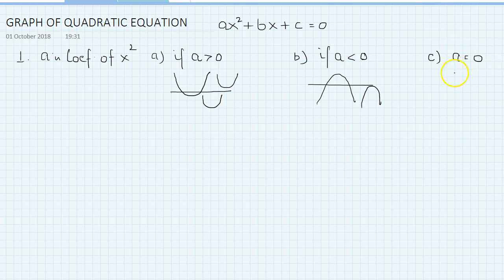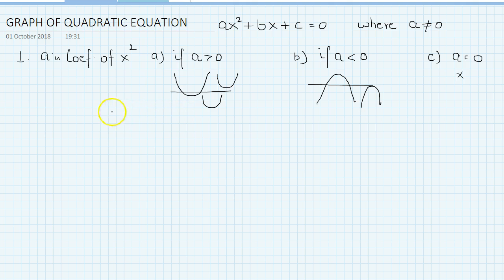If a is 0, we are not going to consider this because by the definition of a quadratic equation, ax square plus bx plus c is equal to 0, where a is not equal to 0. This number cannot be 0. The moment it is 0, it's going to be a linear equation. That is the first thing.